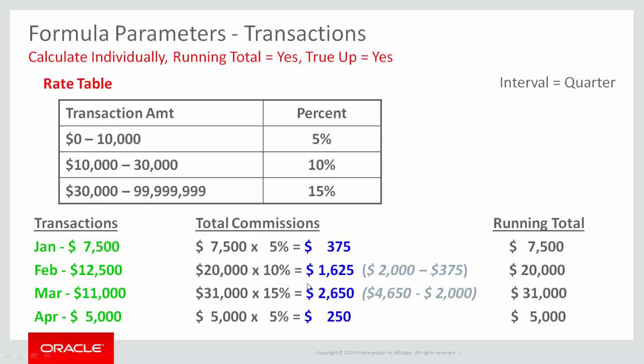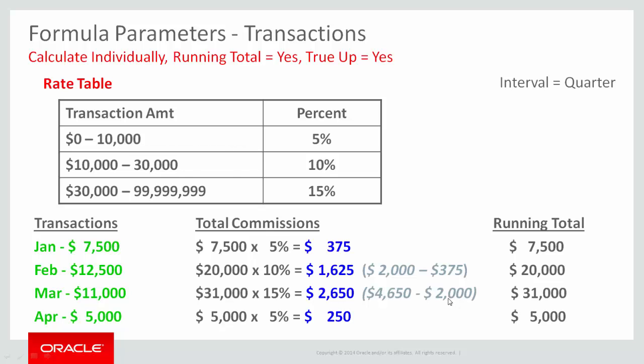March brings us to a running total of $31,000. So now everything should be paid at 15%. So what it's essentially doing is it's taking that whole value times 15%. What it should yield is $4,650. But the system knows that we've already paid $2,000. We paid $375 in month 1.